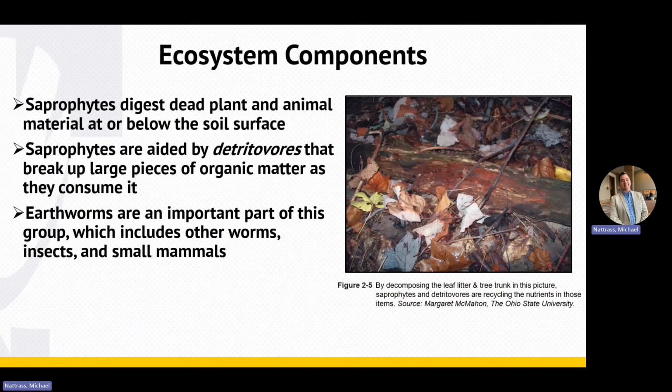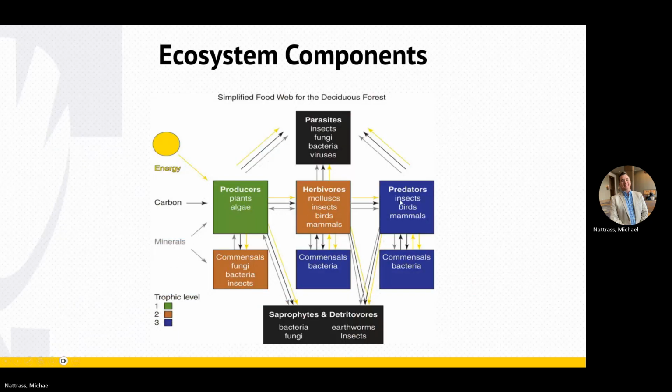And so saprophytes and detritivores, like omnivores or herbivores, are breaking down those carbon structures and taking that energy back into the soil. So earthworms, we've got little small insects, and other small mammals are using that as well.